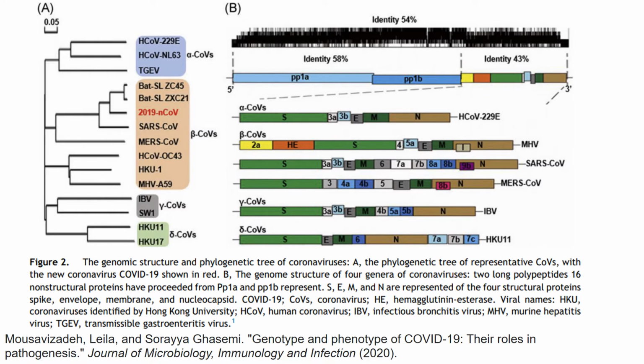So now let's get on to the genetic organization. This is how we describe the genetic organization. If we look at panel A, which is to the left of your screen, you are looking at a phylogenetic tree. Now, we have already discussed what a phylogenetic tree is before, but I will do this again as a reminder. The further away you are on the phylogenetic tree, the more dissimilar the genetic material is.